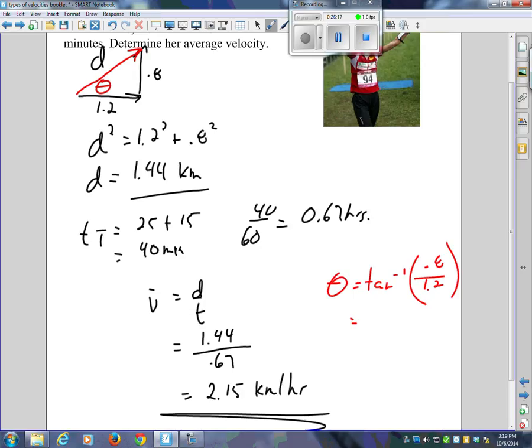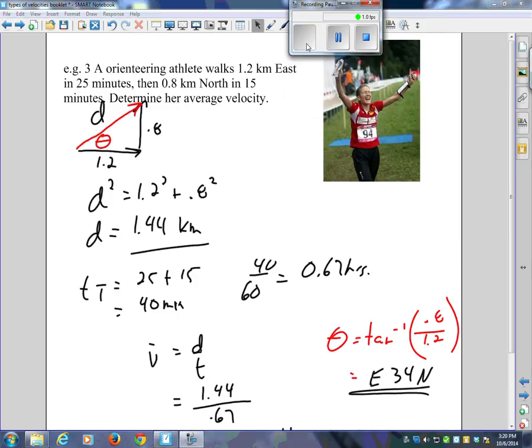So we're talking east, 34 north. Why do you have to do this? To find your displacement. The total displacement depends on the direction, right? You got to add the vectors together, right?